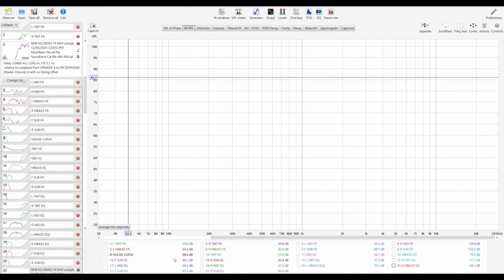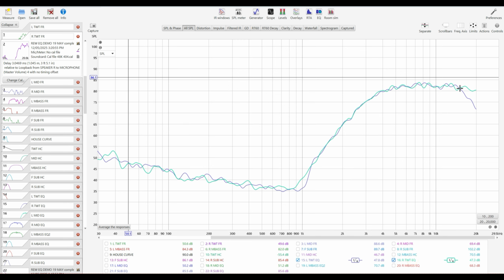All right. So let me give you an example. We'll take our left tweeter and our right tweeter, there it is, and we will time align those so that they're playing together.